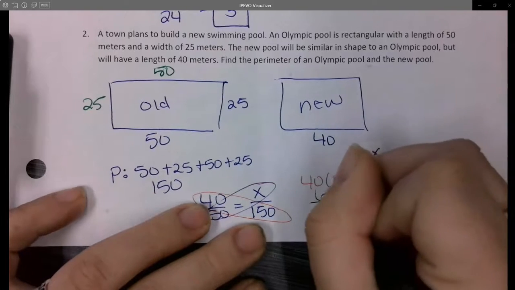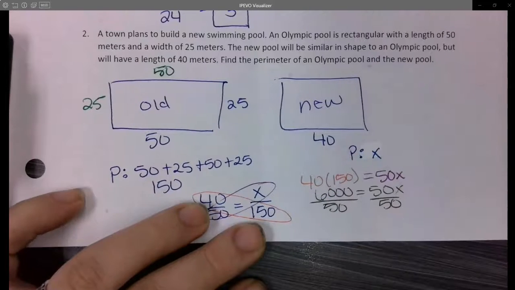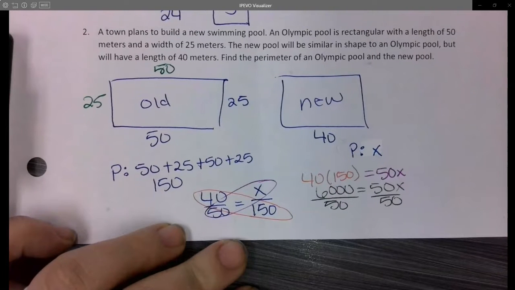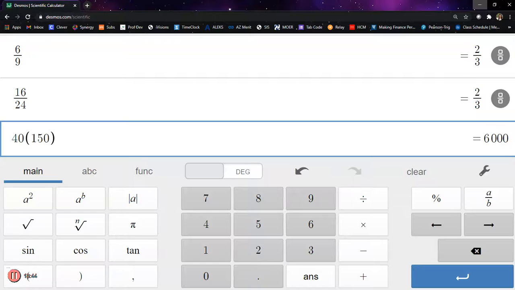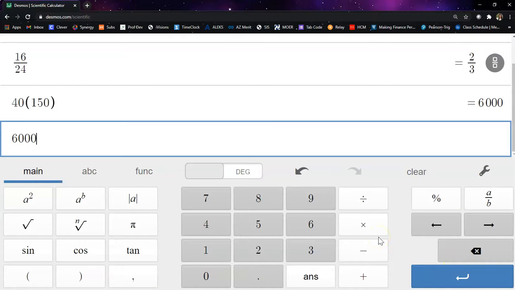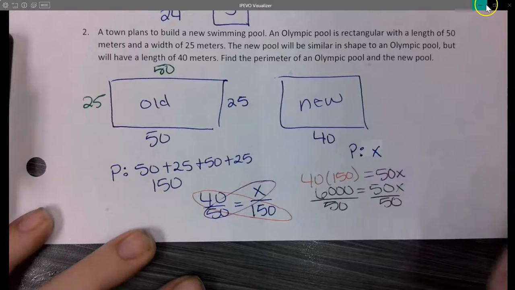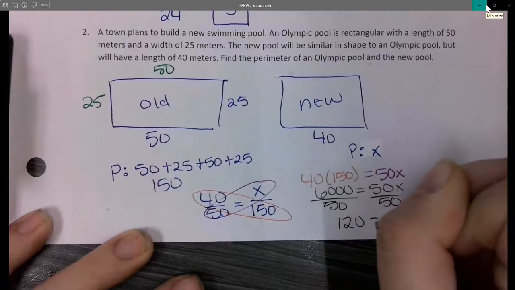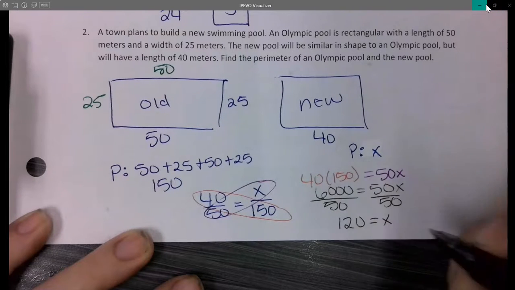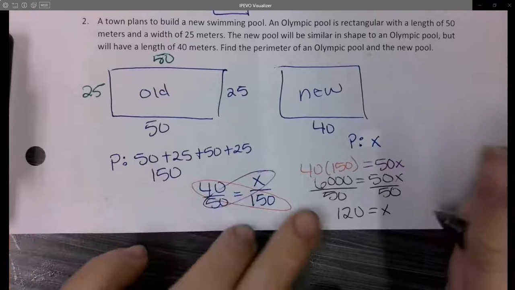Then I want to go ahead and divide both sides by 50. So I want to go back to Desmos because I don't know this one. This gets me 120. So my new perimeter is 120 meters.